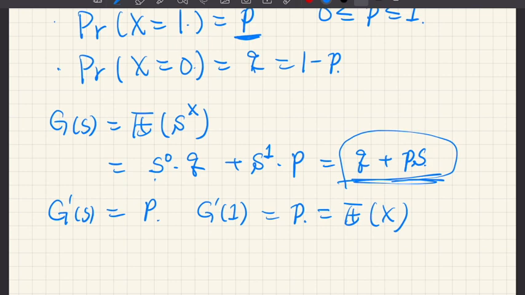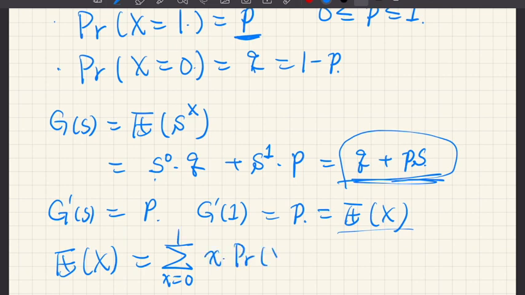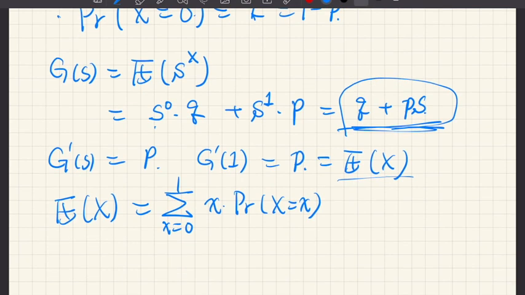Let's check this using the original definition for the expectation value. The original definition was this. In this case, x can take 0 or 1. So x times the probability that x takes the value of x.